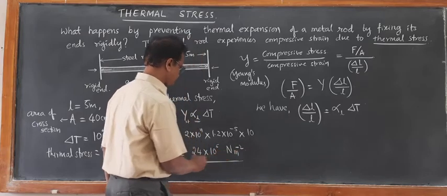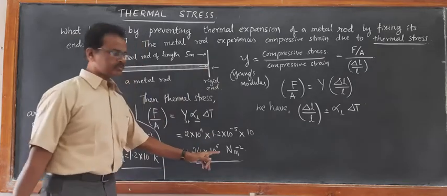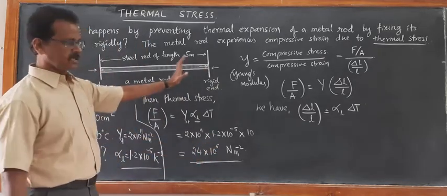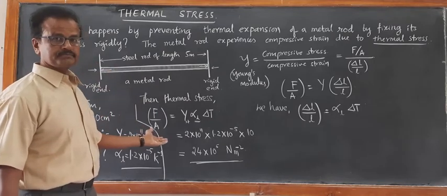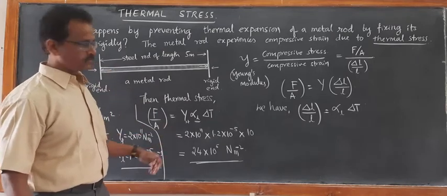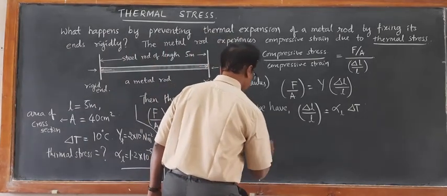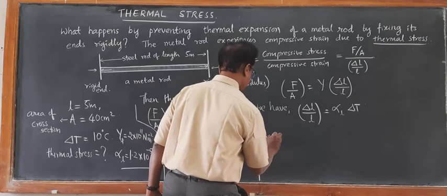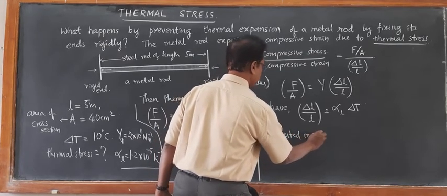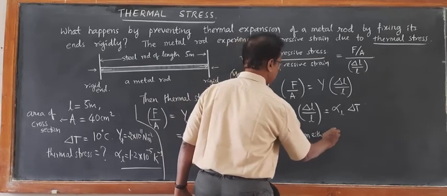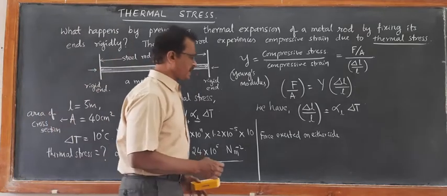So it experiences a pressure of 24 into 10 raised to 6 pascals on either side. Huge pressure. We can calculate the force exerted on either side due to closed, rigid ends.